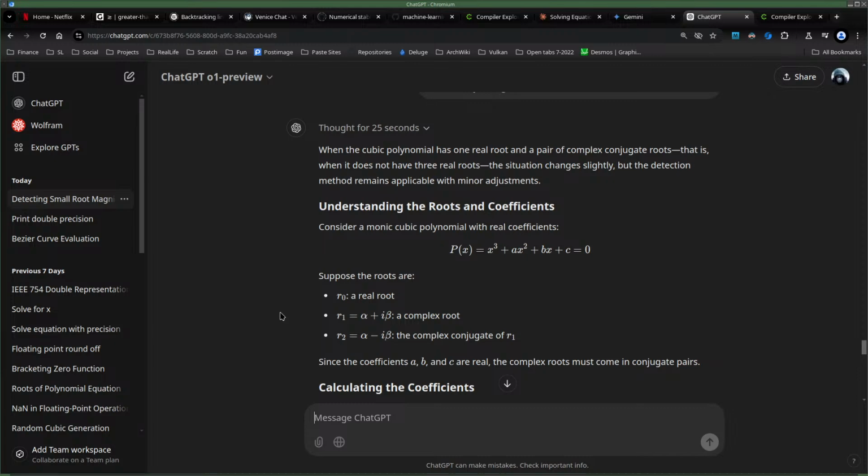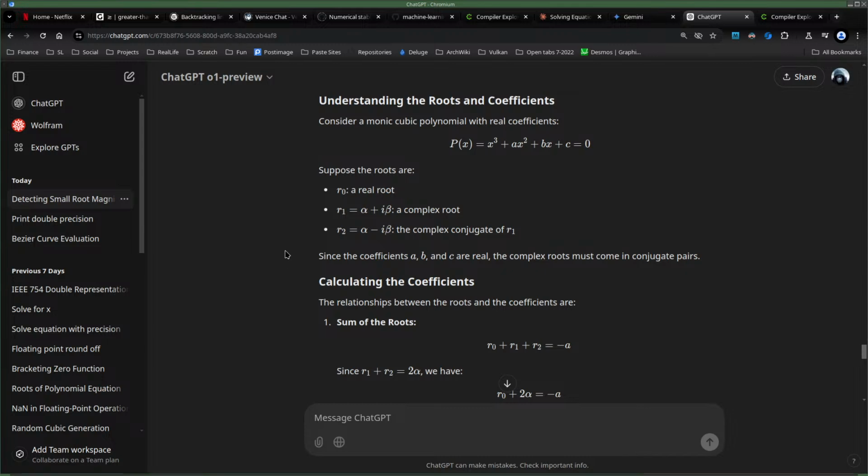Which means that if one root is much smaller than the other, that has to be the real root. Which is very interesting. Or both of these, of course. It's possible that R0 is the large one, and both R1 and R2 are equal but much smaller than R0. That is also possible. I would wonder if we would detect that as well.